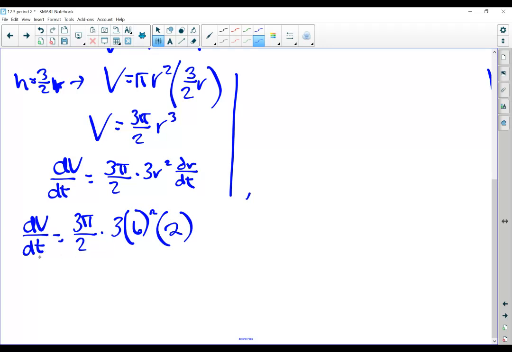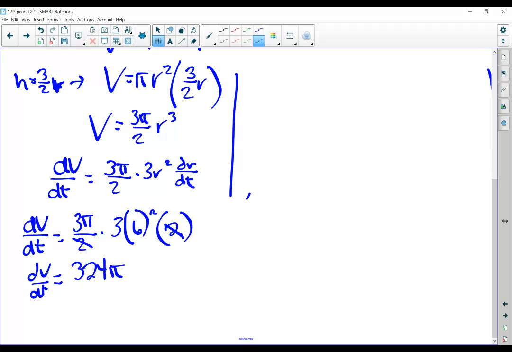And if you notice here, dV/dt is already isolated, so all I have to do is simplify this right-hand side. So the 2's would cancel. That's going to give me 36 times 9, 324, I believe. 324 pi.